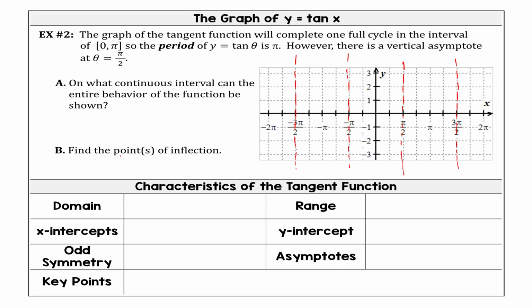Okay, we're going to graph our continuous function from negative pi over 2 to positive pi over 2. What makes it continuous is that there's not an asymptote splitting it, as if I started from 0 and worked my way to pi. Does that make sense?